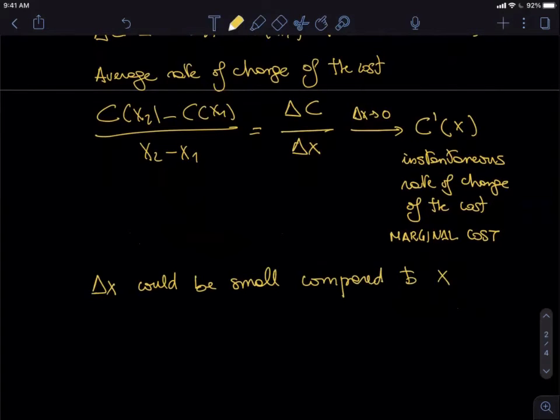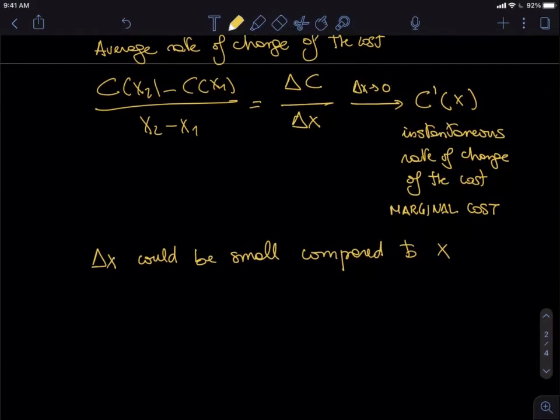Let's say if you're producing 1 million cars, then one car is a small increment. Going from 1 million to 1,000,001 is a small increment, and that is what this marginal cost is about.